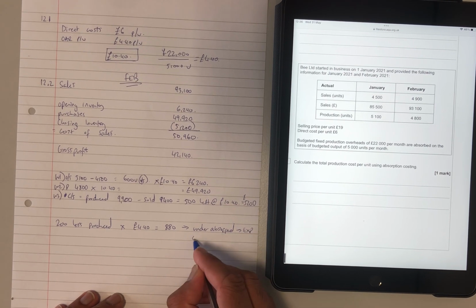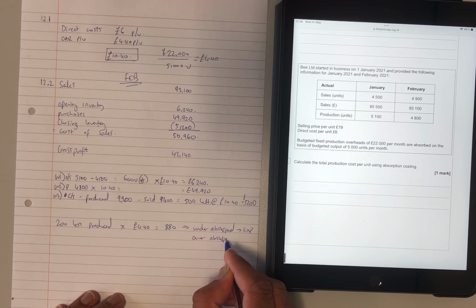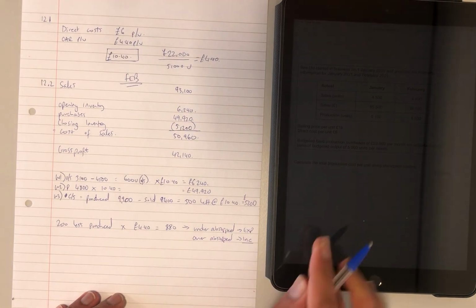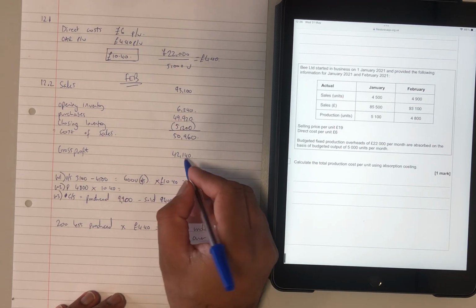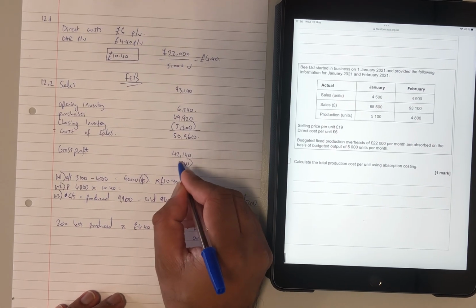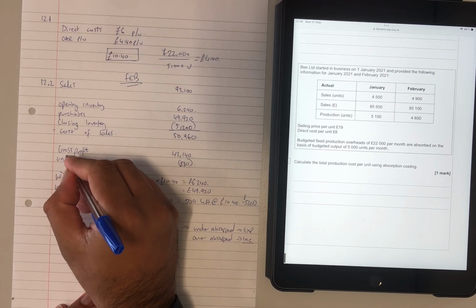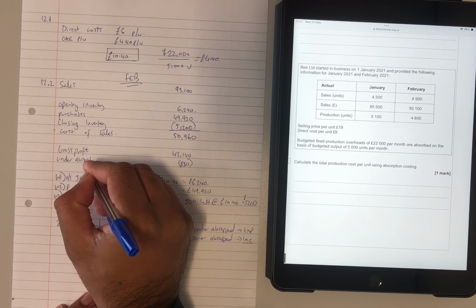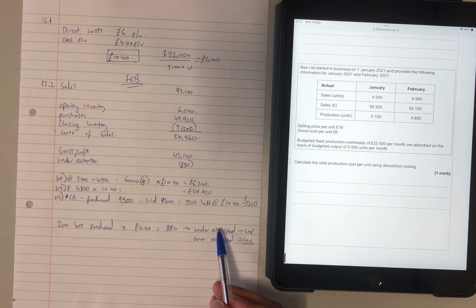Okay, if it is over absorption, then it is you have charged too much and it will be an additional income. If you have under absorbed, it is an expense. You must charge 880. Okay, this is under absorption. The question says clearly under absorption. This is under absorption. We have undercharged.